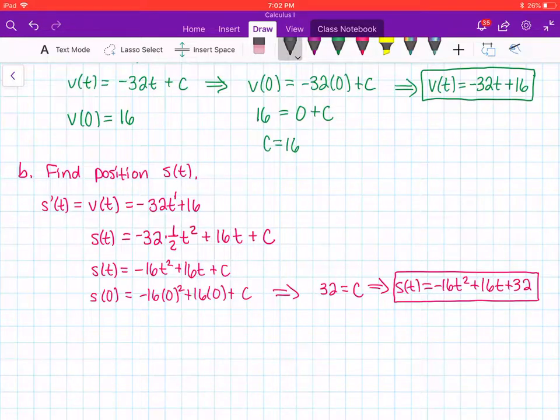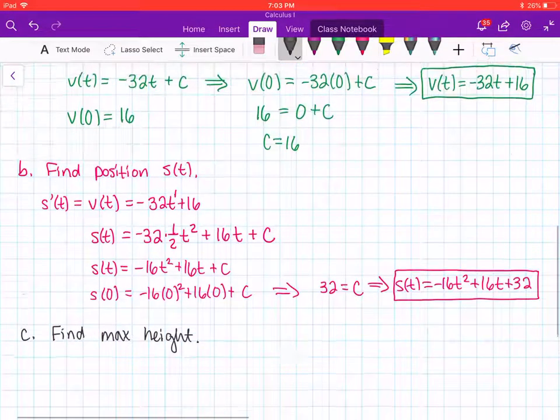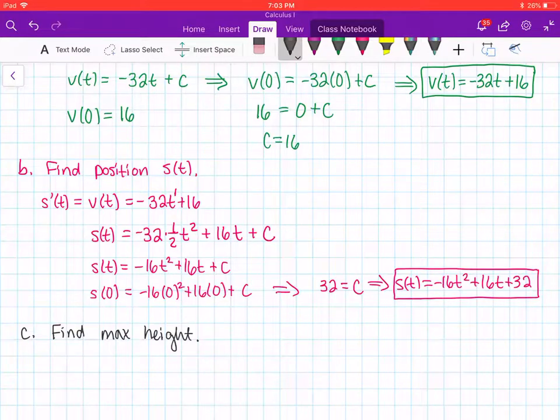Alright, so now part C is asking to find the maximum height. If we were to draw this again, what's happening? You're on a building, you have a ball, you're throwing it up, and then it goes back down.